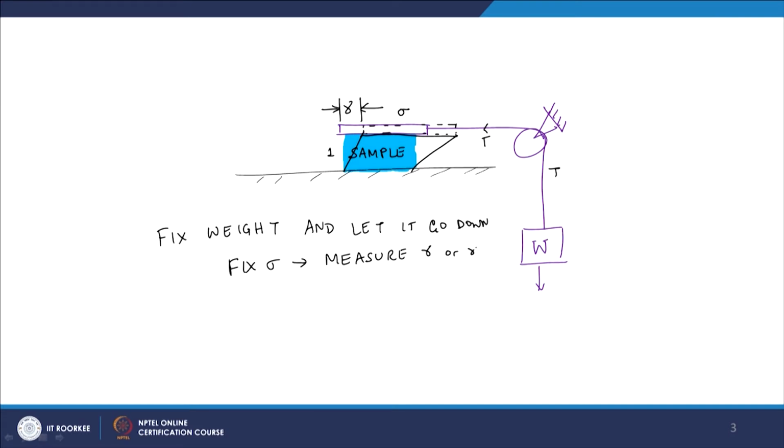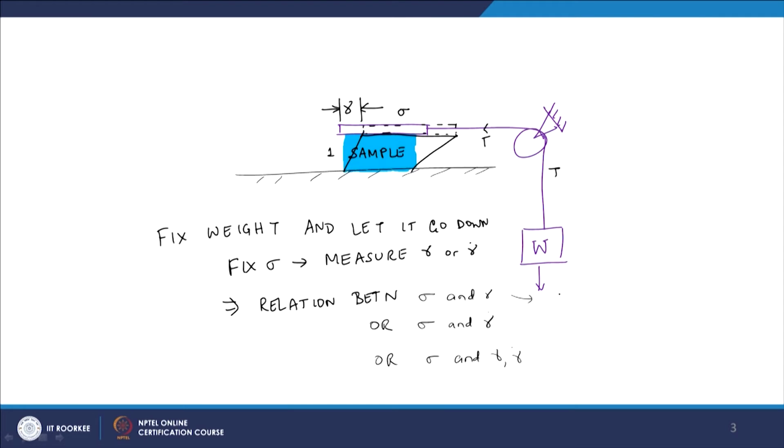gamma or gamma dot, depending on how the experiment is being conducted, and we have a relation between sigma and gamma, or sigma and gamma dot, or both, depending on what kind of material we have.